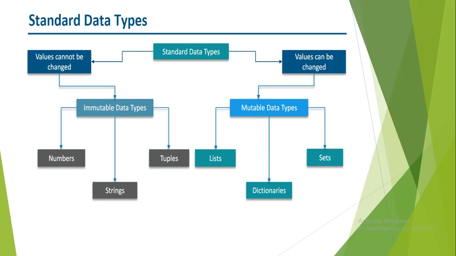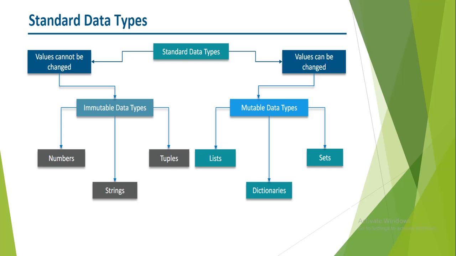Actually, the main data types are divided into two parts, guys: immutable data types and mutable data types. What is meant by immutable data types? Immutable data types means, guys, after creating the data values, we can't change those data values. That's the meaning of immutable data types. What is meant by mutable data types then?